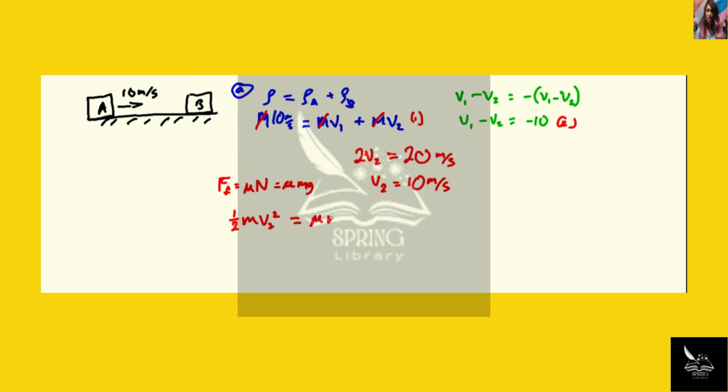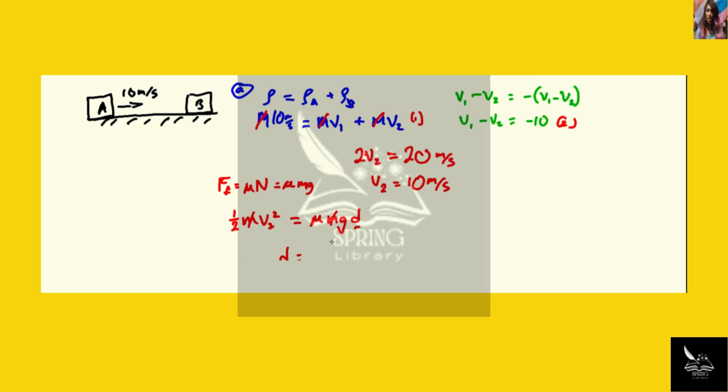So it's going to be mu mg times d, where d is the distance that this thing travels. Well, there's an m on both sides, so that cancels out. So we've got 1/2 v2 squared is equal to mu times g times d.